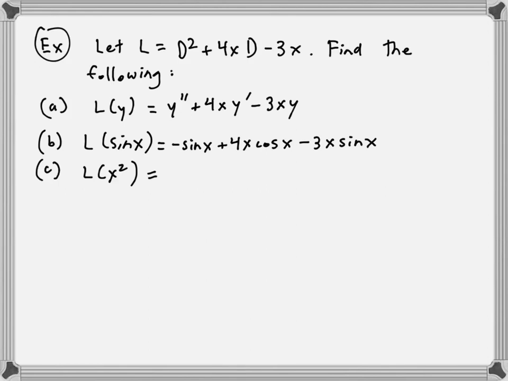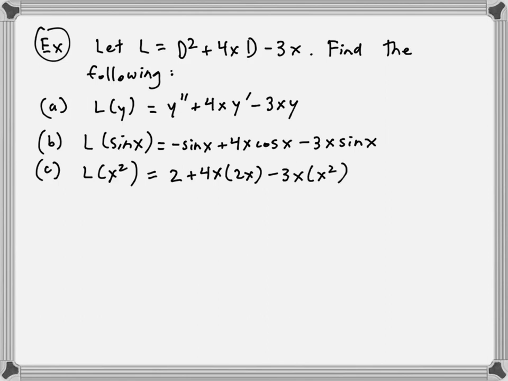What would you get if you apply it to x squared? Well, second derivative of x squared is, let's see, first derivative is 2x, second derivative is 2. So you get 2 plus 4x times, what's the first derivative? 2x. And then minus 3x times x squared.